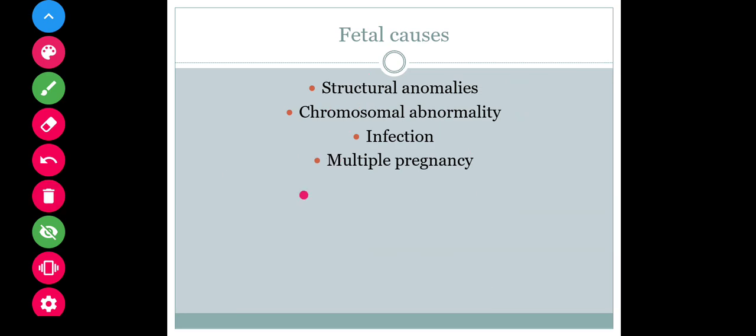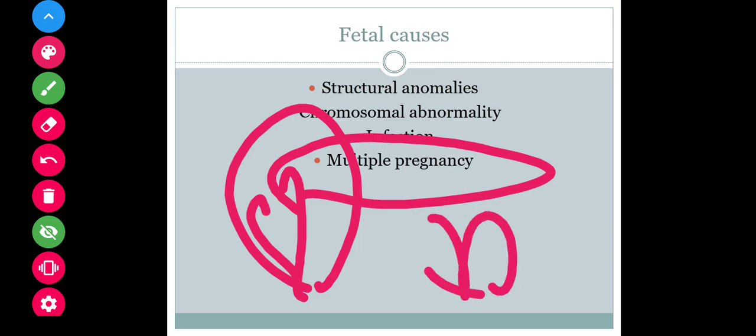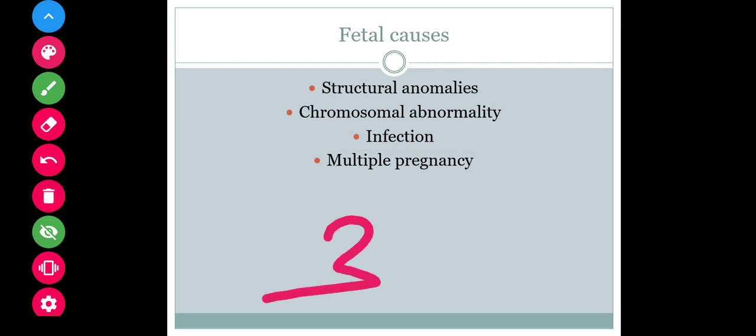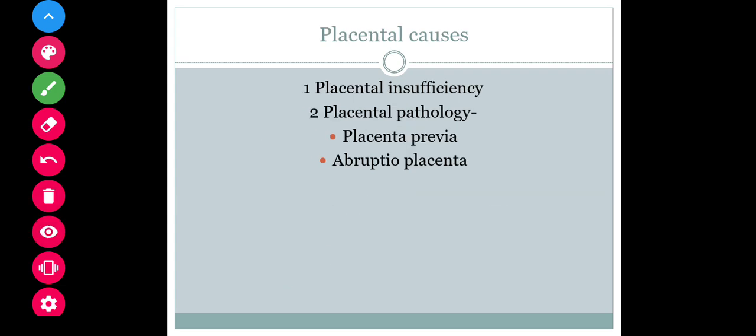And multiple pregnancies: if there are 2 babies or more, the uteroplacental blood may not be sufficient, as the demand will be more with 2 or 3 babies. So it may not reach all the babies. That is also one of the causes.